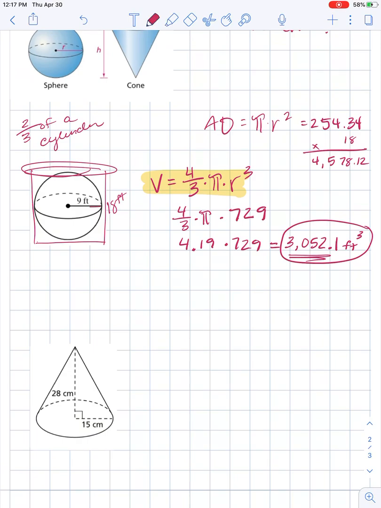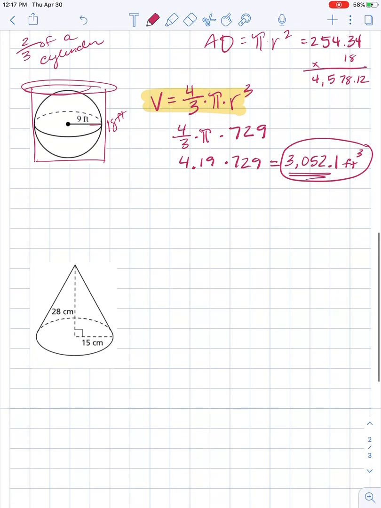Now, volume of a cone. Again, I do not expect you guys to memorize these. I can picture some of your faces in class right now, all panicky and saying, Ms. Ritter, it's too many formulas. I'm not expecting you to memorize these. I'm just expecting you to be able to look at them and plug in whatever numbers you've got.